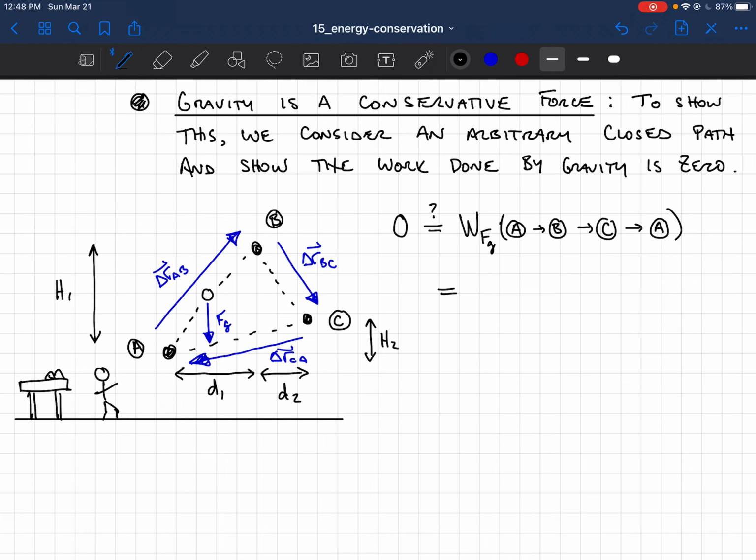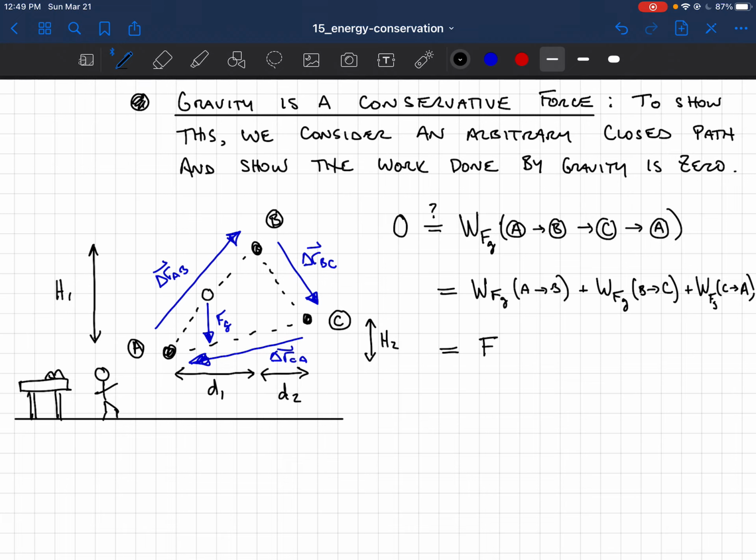So that's equal to the work done by the force of gravity in going from A to B plus the work done by the force of gravity in going from B to C plus the work done by the force of gravity in going from C to A. We can calculate each of those things. And we know what those things are, so we know how to write them, at least symbolically.